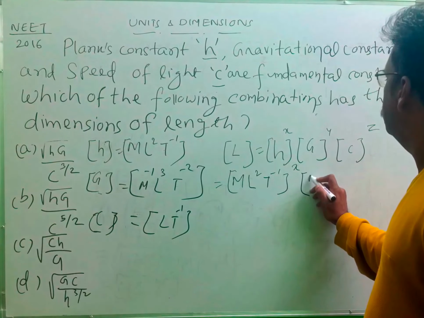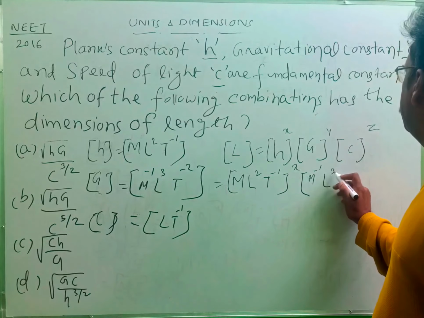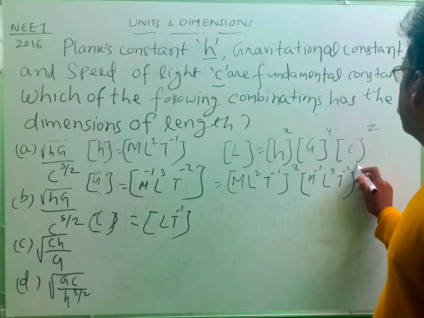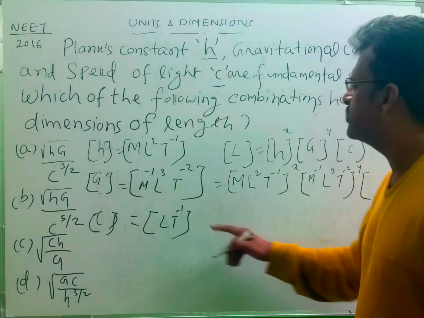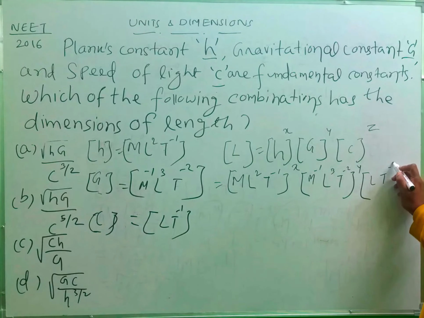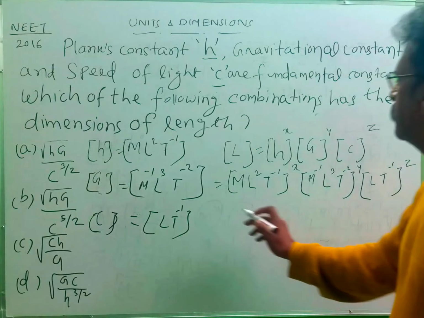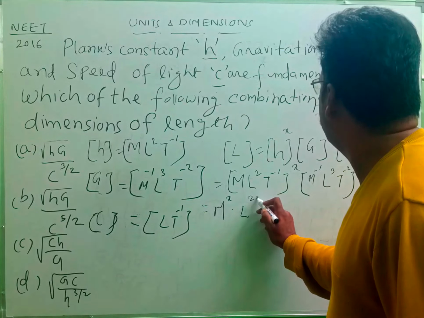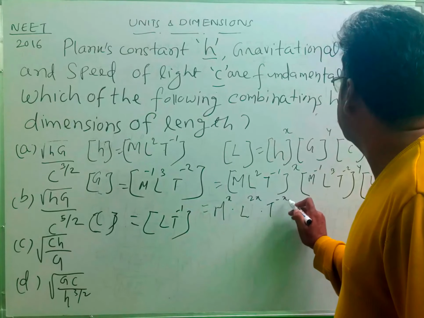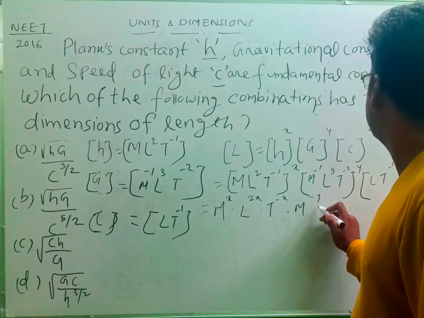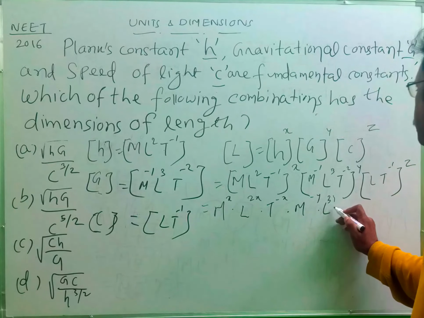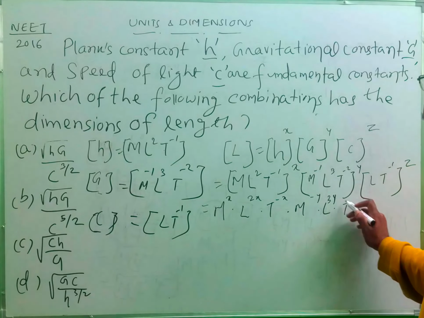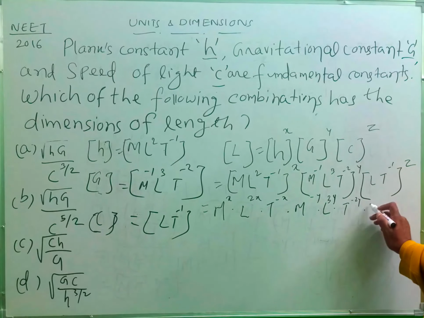That is M⁻¹L³T⁻² to the power y. And what is c? c is LT⁻¹ to the power z. We will expand this, M to the power x into L to the power 2x into T to the power minus x into M to the power minus y into L to the power 3y, T to the power minus 2y into L to the power z into T to the power, students, minus z.